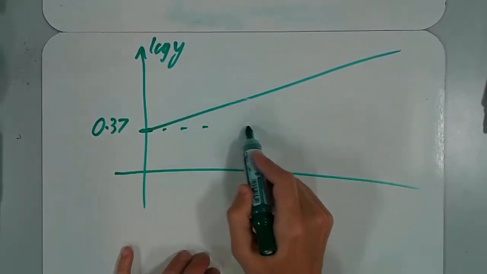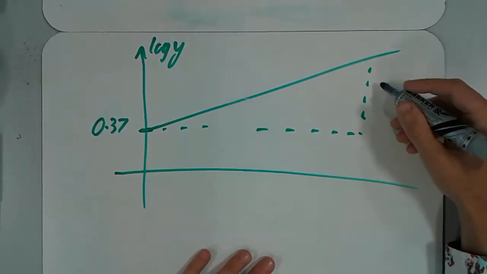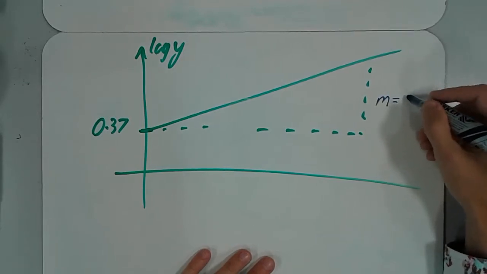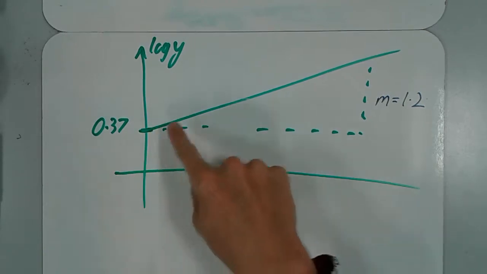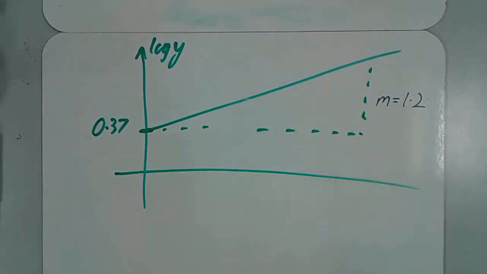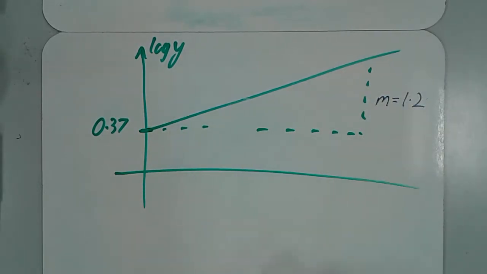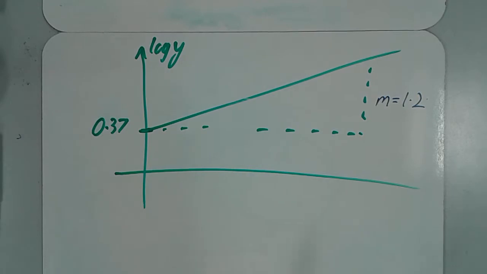And let's say that this graph has a gradient, so m is 1.2. Like we said before, we may have to find this line, or we may have some points on graph paper, so we can calculate our change in y over change in x, and we could also just look to see our y-intercept if we're given an accurate graph.